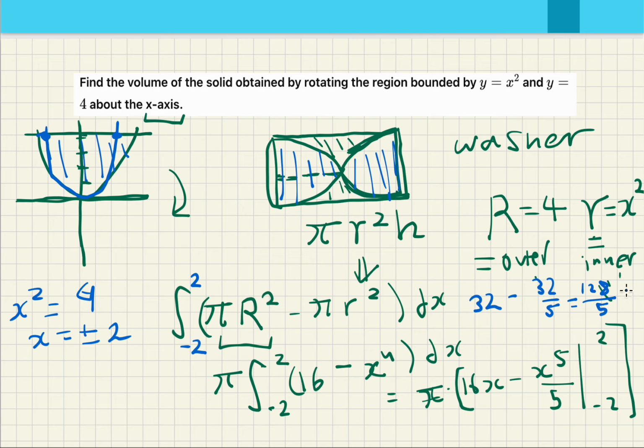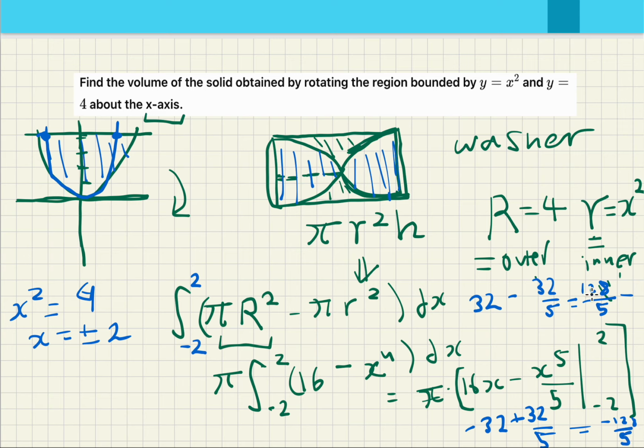minus the lower bound, so you need to plug in -2 now. So 16 times -2, which is -32, minus -2 to the power of 5, which is negative 32. And so this becomes plus 32 over 5. And so when we get that, we get negative 128 over 5.